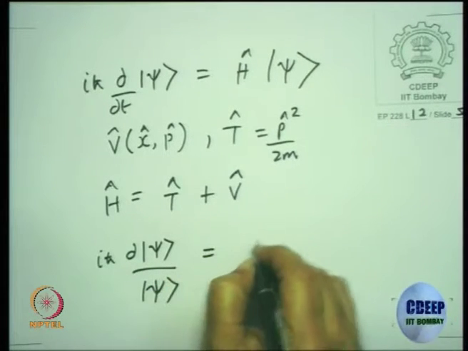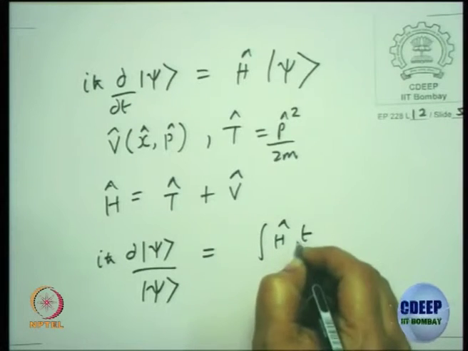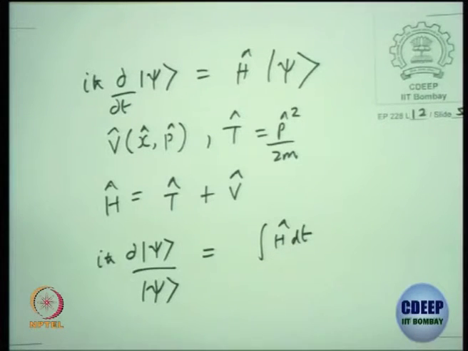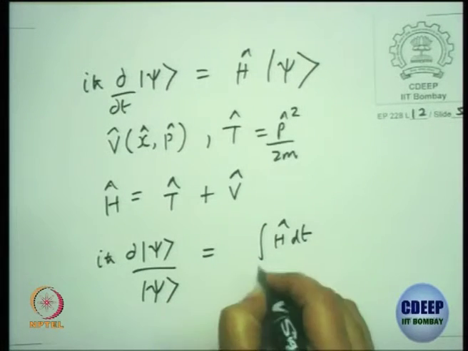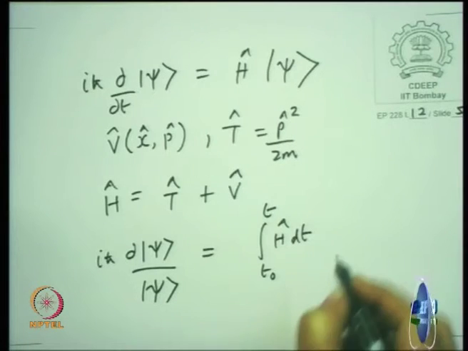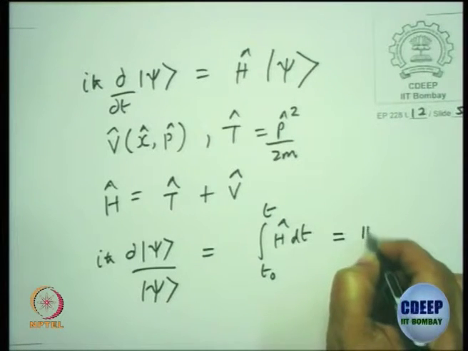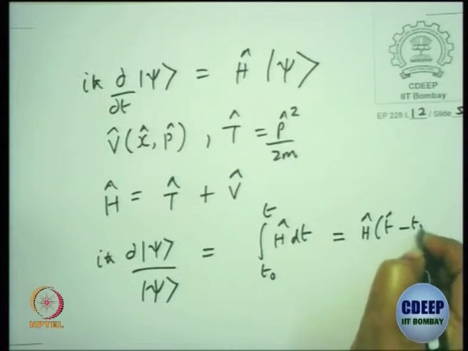So, in such cases I can write i h cross del psi by psi to be the integral of H hat dt. H is independent of time, I can pull it out and go from t naught to t, and that will give you H times (t minus t naught).